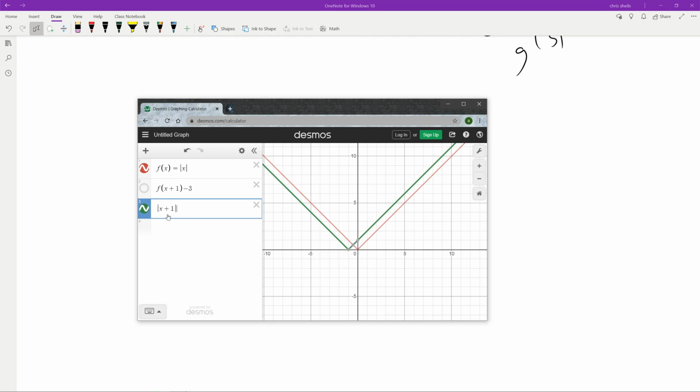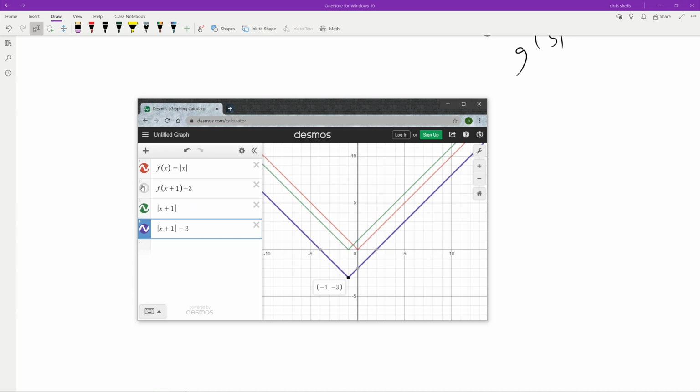That's how replacing this x with an x plus 1 affected the graph. And then if I subtract 3 on the outside, here, let me make another graph here, x plus 1 minus 3. To go from the green graph to the purple graph, all I did was shift down 3 units.